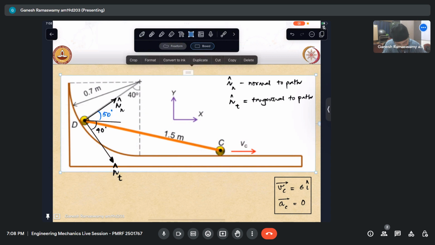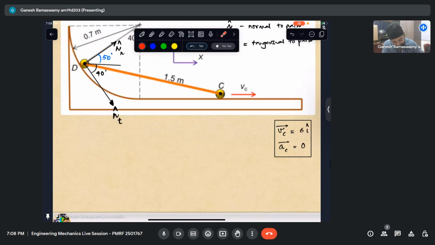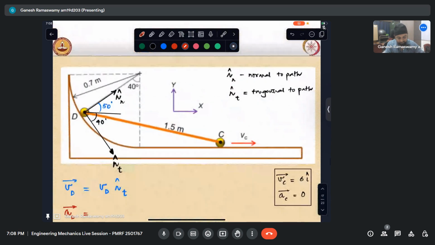Another thing I know is that the velocity of point D has to have only components along this direction. It cannot have any other velocity. So I know that the velocity of D vector is nothing but along nt cap, since it has to travel in that circular direction. Another thing I know is the acceleration of D. Essentially, it is the acceleration of some point which is traversing a circular path.